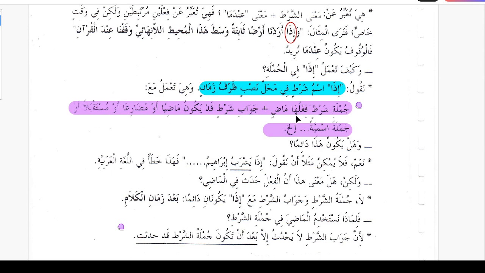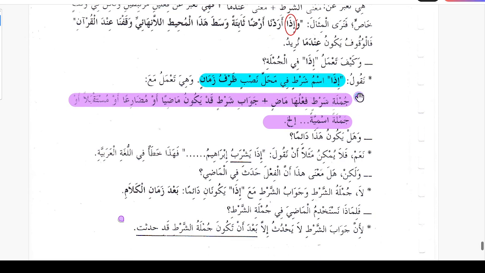So the conditional part is the past tense, but the answer to the condition, the result of the condition, can be in the past tense or the present tense or the future tense or jumla ismiya, etc. So I have here some examples.